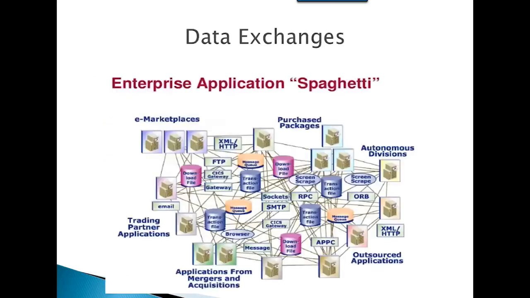Next slide, please. So, having worked in many organizations, and for those of you that have as well, had the opportunity to work in some large organizations with a lot of different systems, this is what you typically find. It's a spaghetti mess of different applications and different protocols and different technologies hooked together to produce some sort of result or a service for your end users and the consumers of your applications.